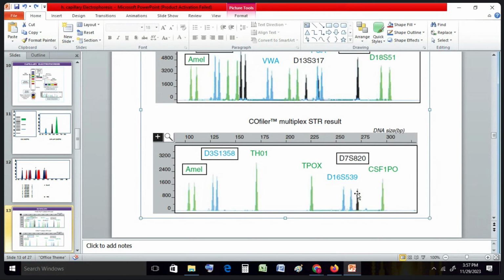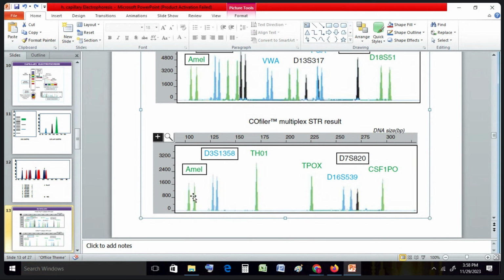The PCR of this one, D7S820, produces the lowest amount of amplified product, but it does not make any change in the result. Whether the peak is long or short, you can easily understand by looking at the number of peaks.